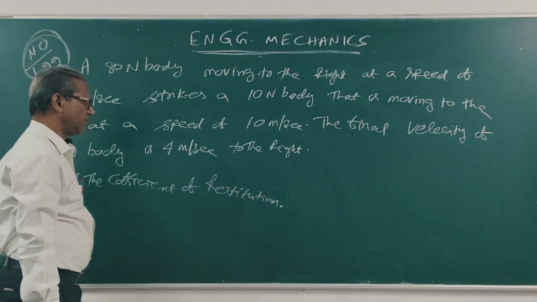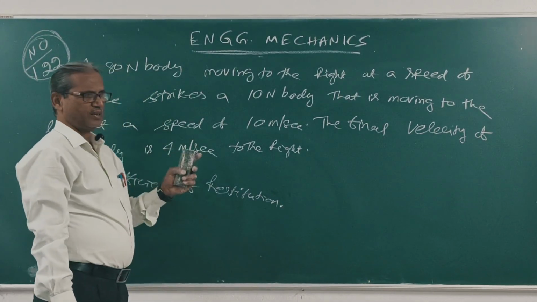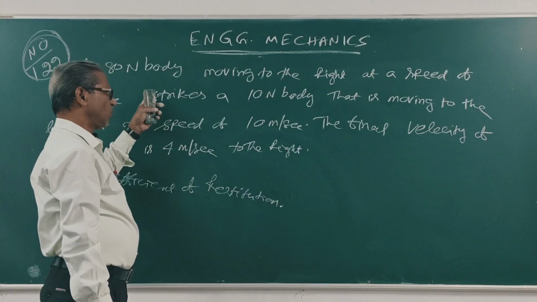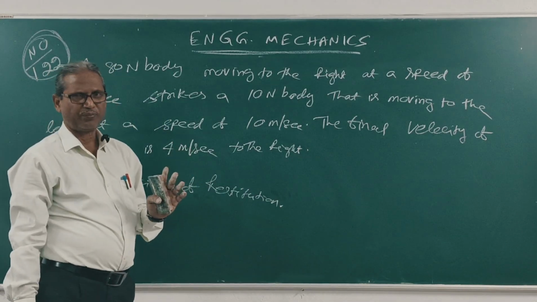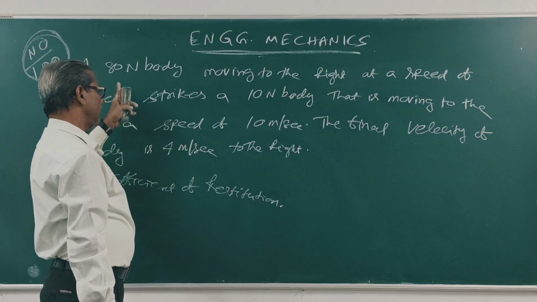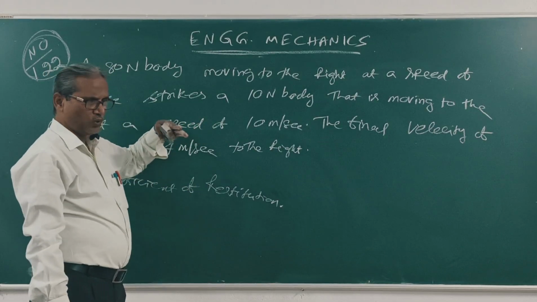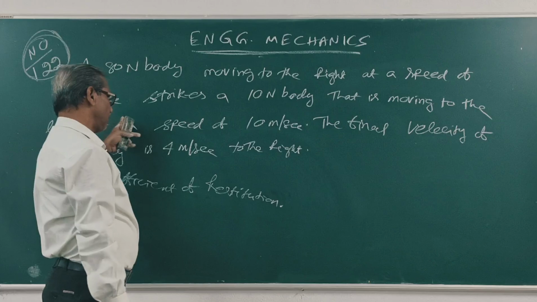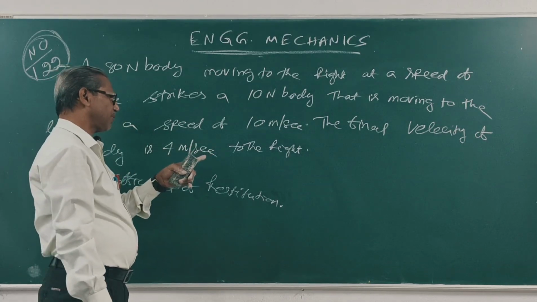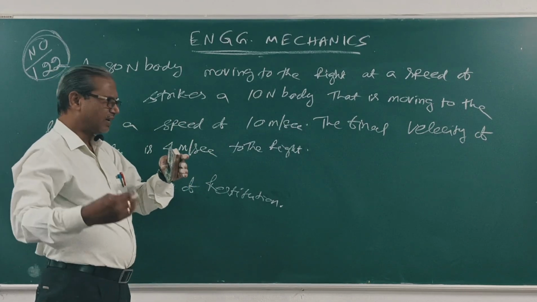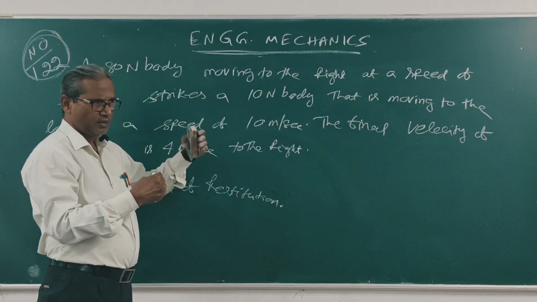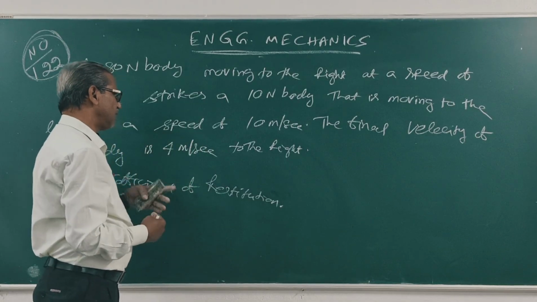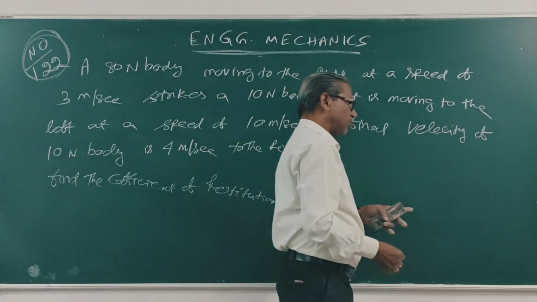The question is: a 8 Newton body moving to the right with a velocity of 3 meter per second strikes a 10 Newton body moving to the left at a speed of 10 meter per second.